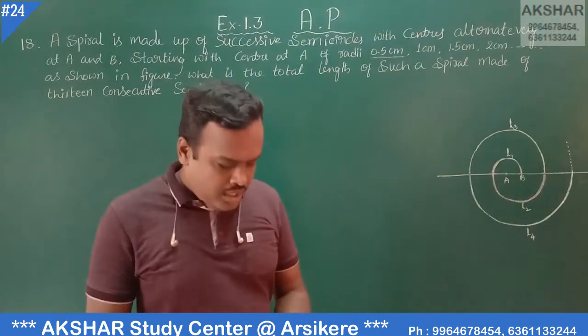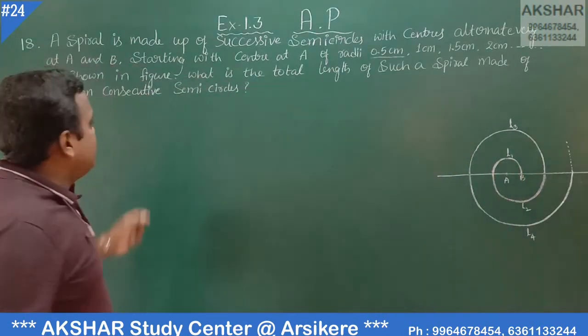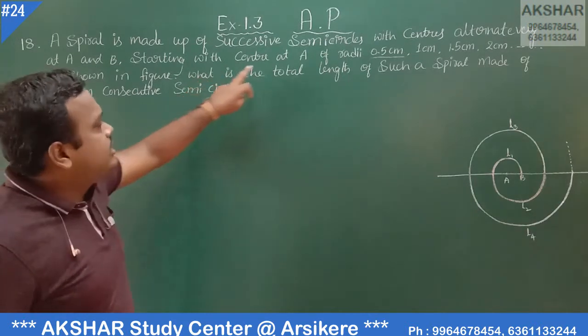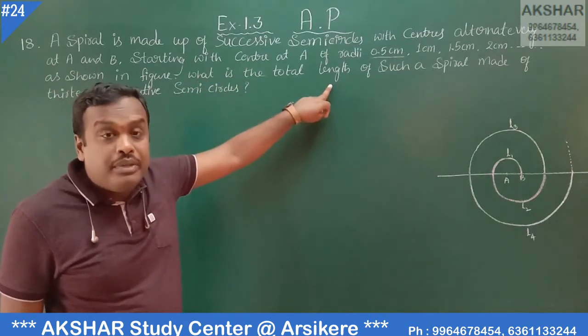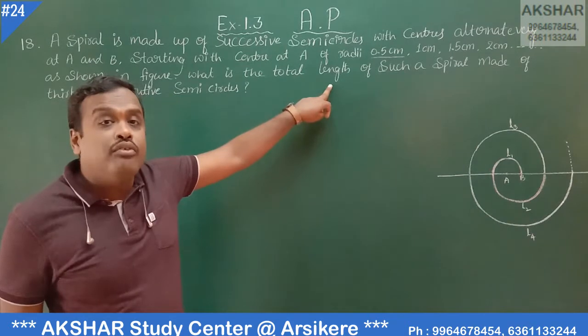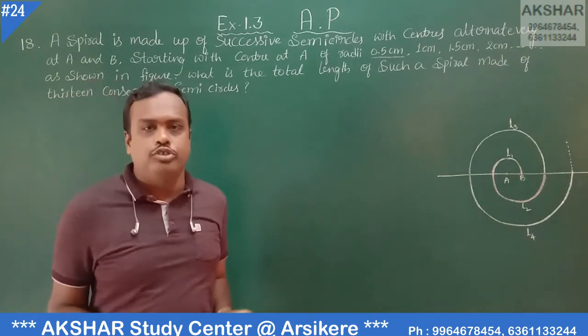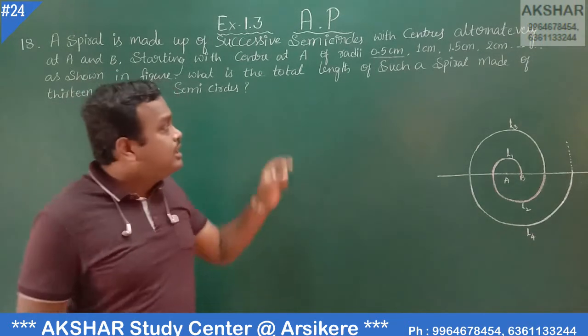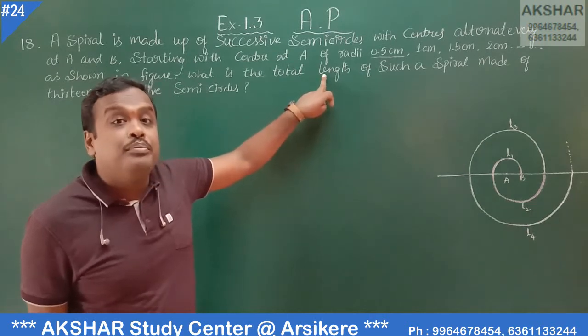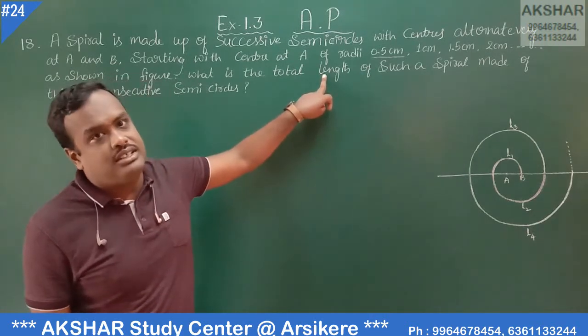Yes, children, let us solve. Here we need to find the total length, which means we have to know the length of each and every semicircle. The length of a semicircle is nothing but the perimeter of a semicircle.